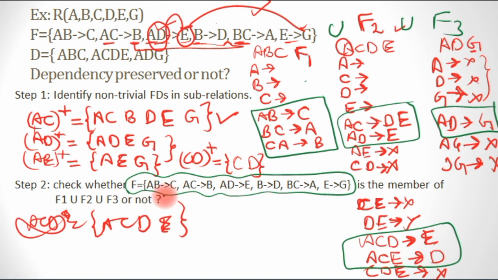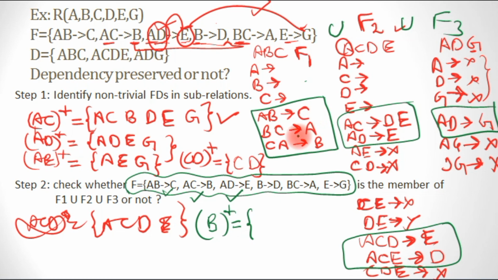So AB determines C is a member of this, yes. AC determines B is a member of this set, yes. AD determines E is a member of this, yes. B determines D, is it a member of this or not? By observing we can say no, it is not a member. But for surety, we have to find the attribute closure of B in F1 union F2 union F3.